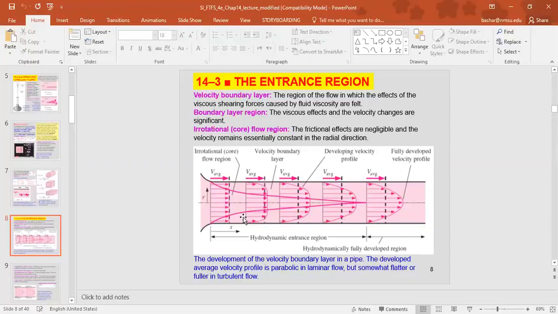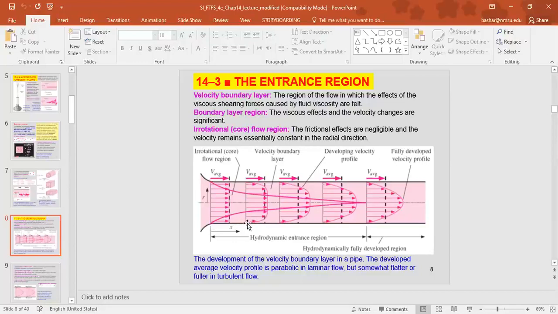The reason why this developing occurs and why this entrance region exists is, one of the reasons, the boundary layer region, since the flow enters the conduit as uniform flow, and as a result of the boundary layer and the no slip boundary condition, the velocity of the fluid particles adjacent to the solid surface must take the velocity of that surface, which in this case is stationary.